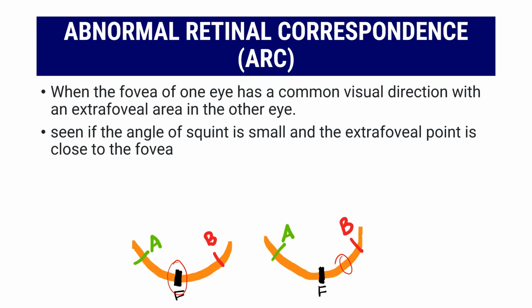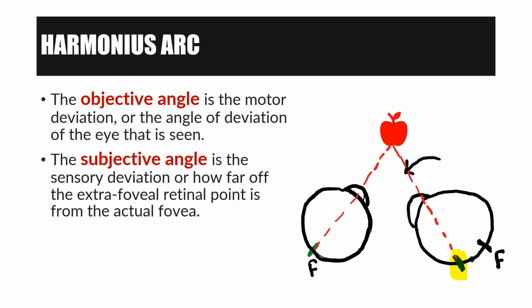When such an abnormal correspondence occurs, that is known as abnormal retinal correspondence. It is usually seen when the angle of squint is very, very small and the extrafoveal point is located somewhere close to the fovea. Such patients, despite having abnormal retinal correspondence, actually enjoy binocular single vision, and this is their way of dealing with double vision or confusion, right? So I hope that is clear.